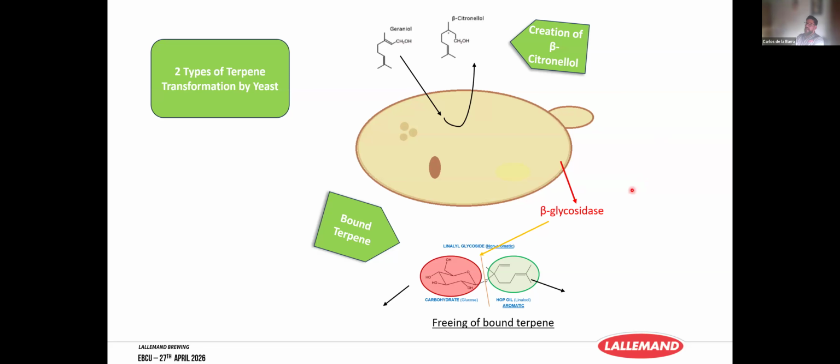So yeah, two types of this biotransformation: creation of something completely different, or the freeing up of something that was bound. Lost on this busy slide.